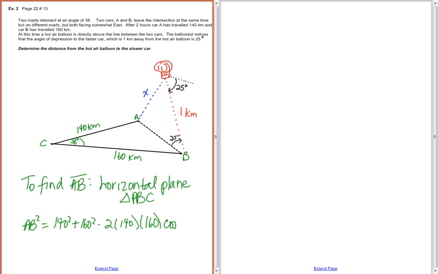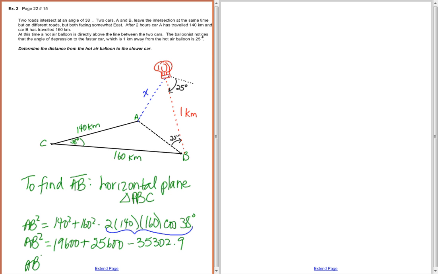We did practice one of these yesterday, so this is a good idea. Okay. AB squared equals 140 squared. 140 squared is 19600 plus 160 squared is 25600 minus, these four things are glued together, so we end up with 2 times 140 times 160 cos 38, which is 35302.9-ish.